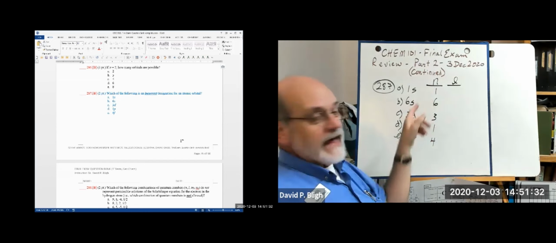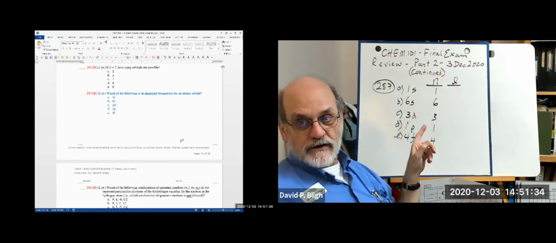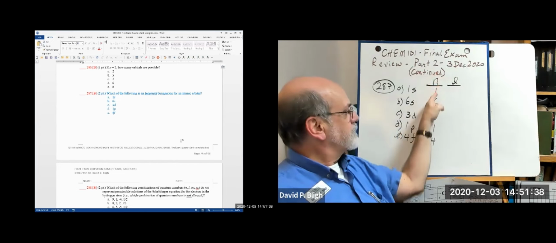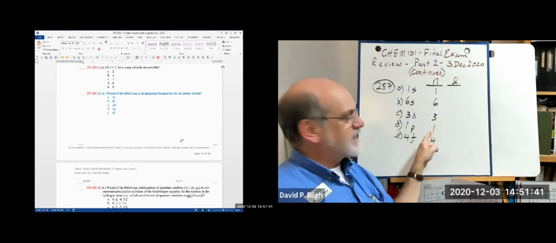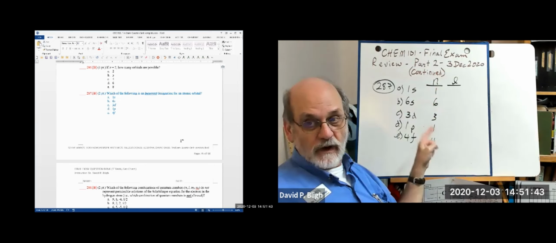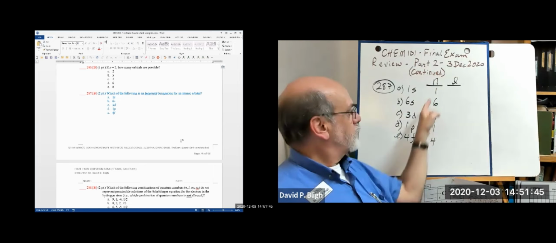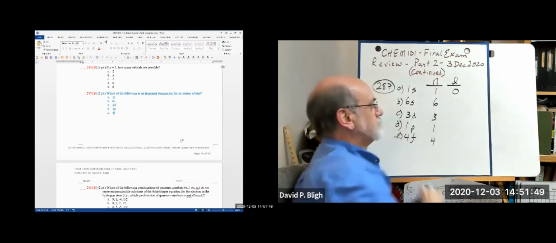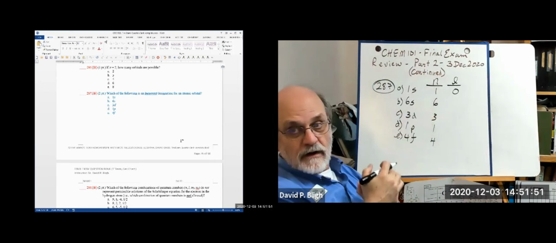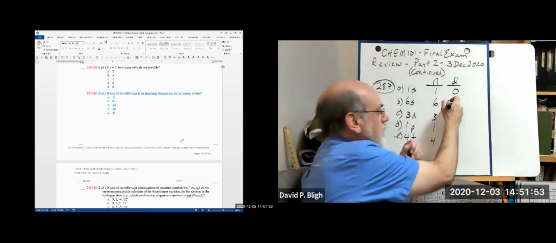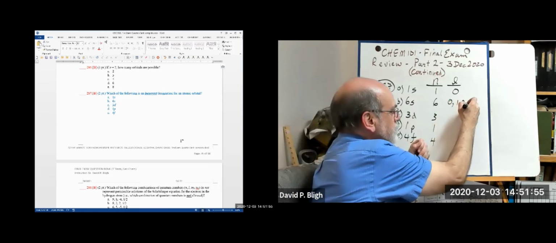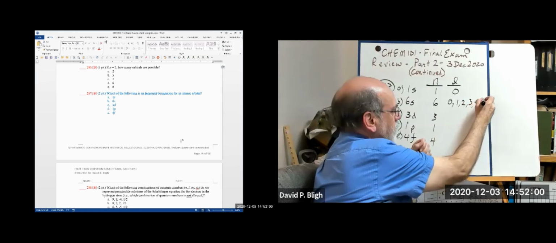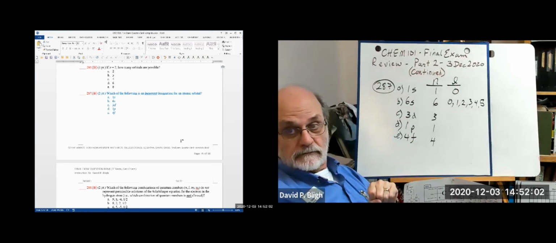For the L numbers, the number of possibilities is the same as n, but they start with one less. So for 1, the only possibility is 0. For 6, you could have 0, 1, 2, 3, 4, 5.